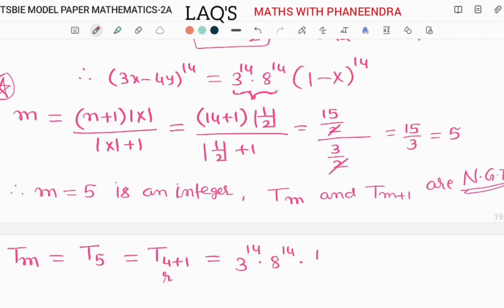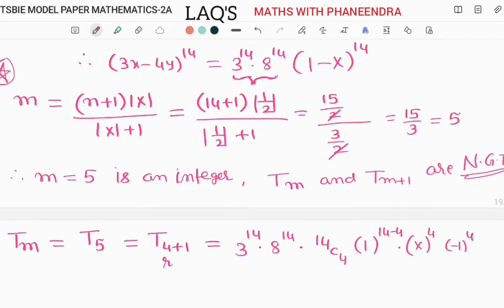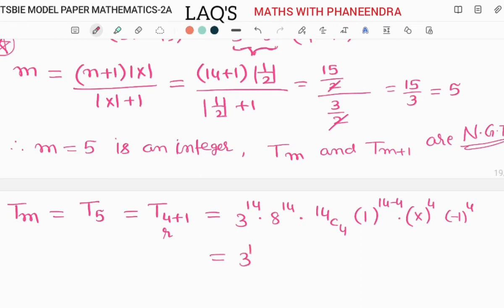So nCr means 14C4, 1 power n minus r, that means 14 minus 4, and x, here x means capital X, whole power r, value is 4, into this expansion is minus x, so minus 1 whole power r means 4. I hope you people understand, which is equal to 3 power 14 into 8 power 14, 14C4.